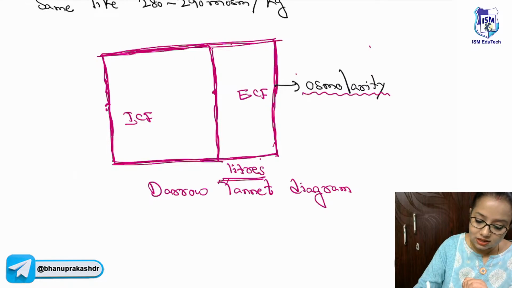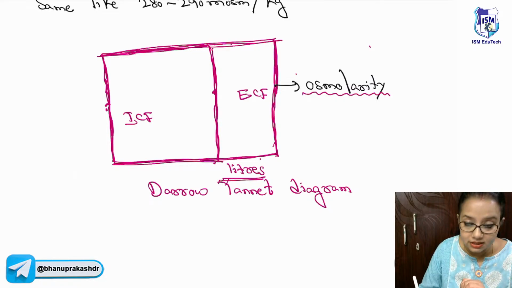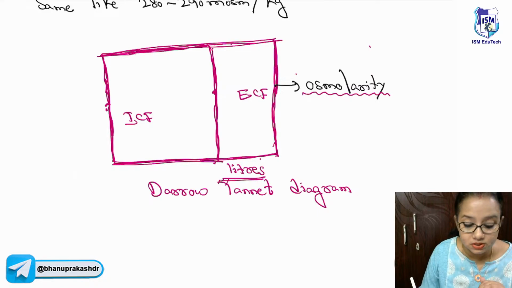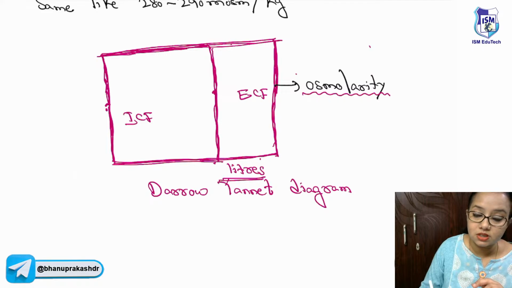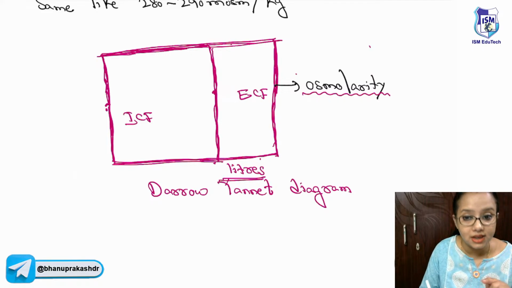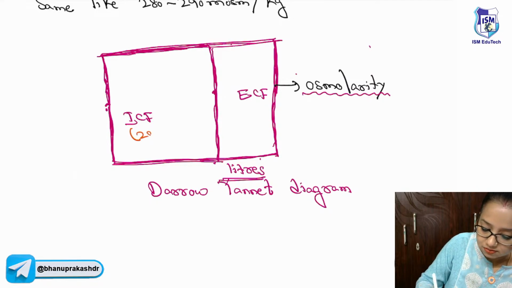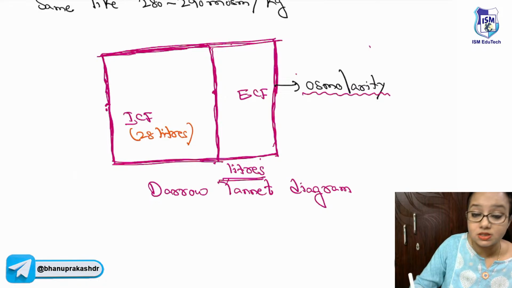And this thick line up and down, what does it denote? It denotes the liter, the quantity. What does the quantity mean? We know in a normal 70 kg person, the ICF is about 28 liters. And how much is the ECF?